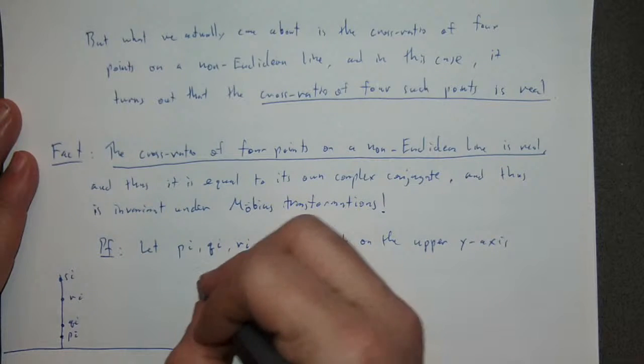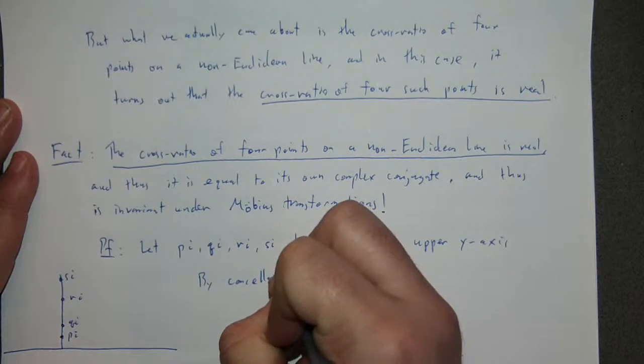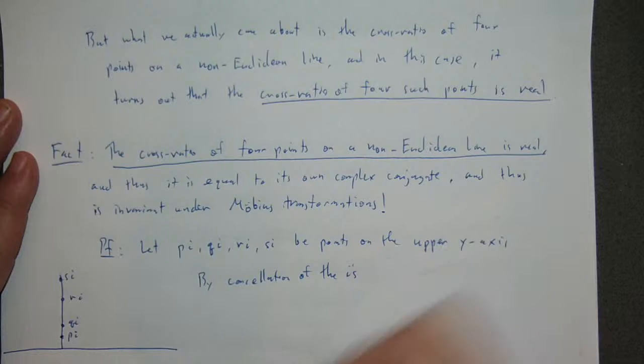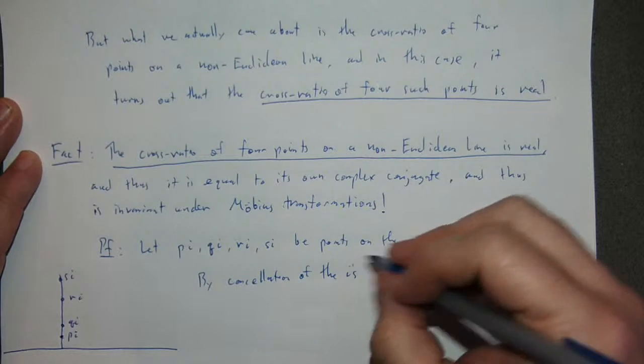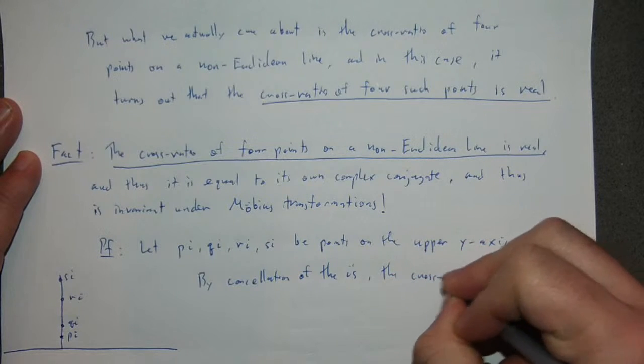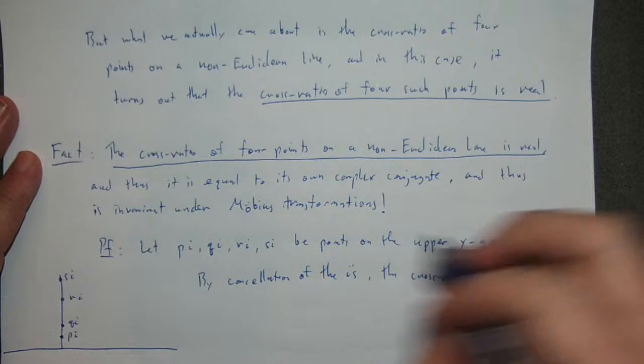So by cancellation of the i's, the cross ratio is exactly what you think it would be.